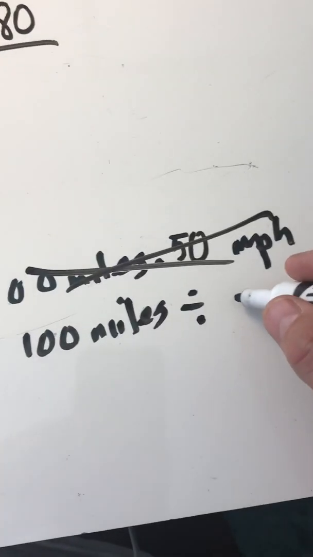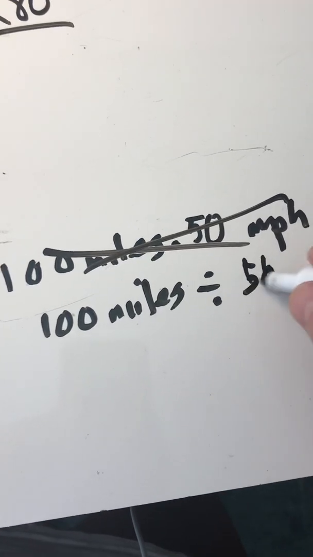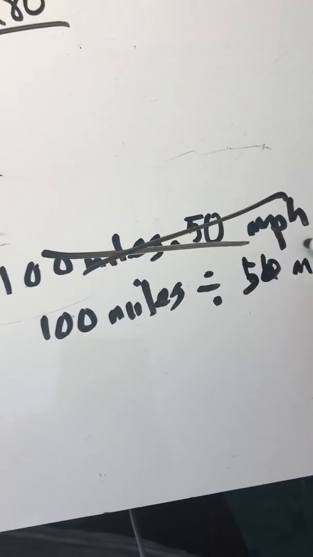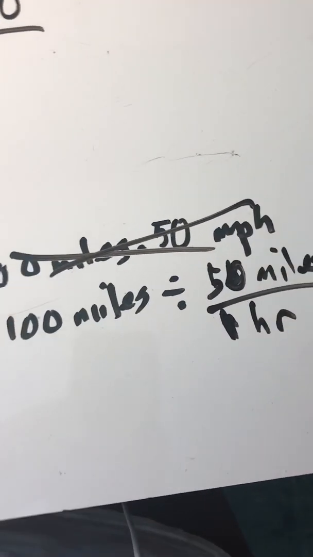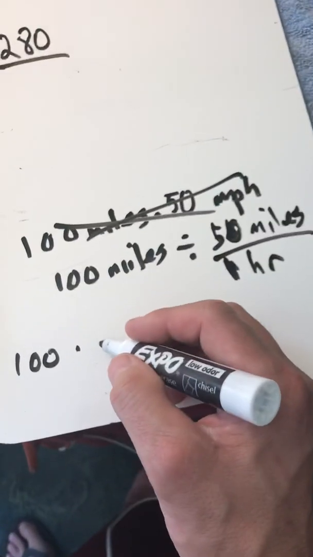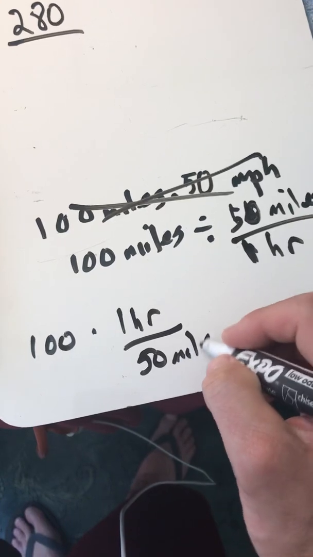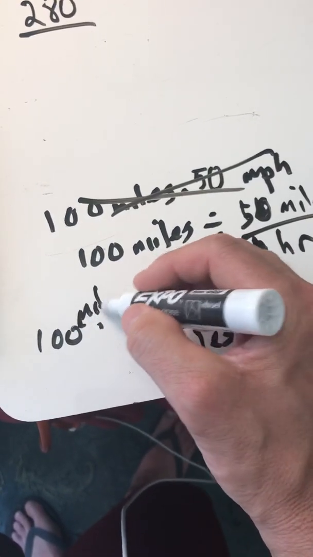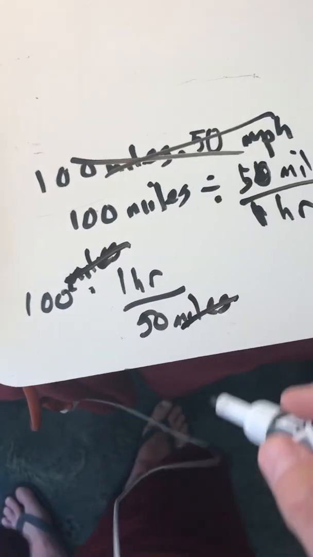So 50 miles per hour would be 50 miles per 1 hour, right? So if you're going to divide that, that would be multiplied by the reciprocal, 1 hour over 50 miles, right? These are miles as well. You can see that the miles on the top cancel with the miles on the bottom.